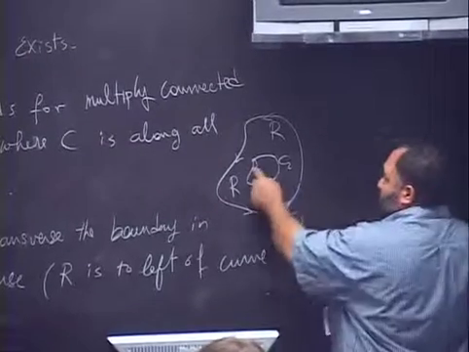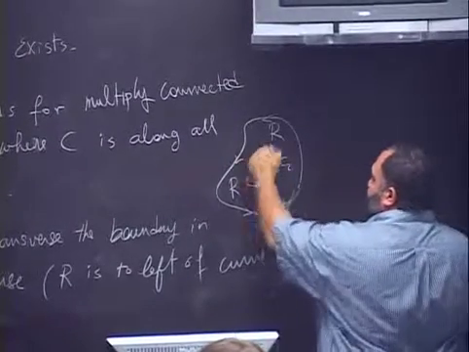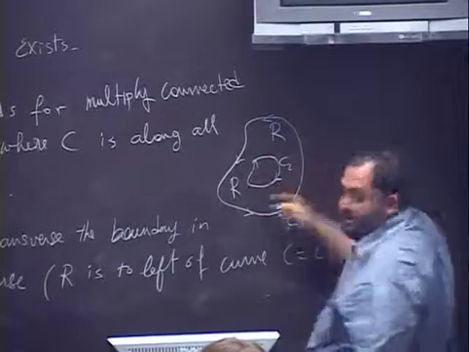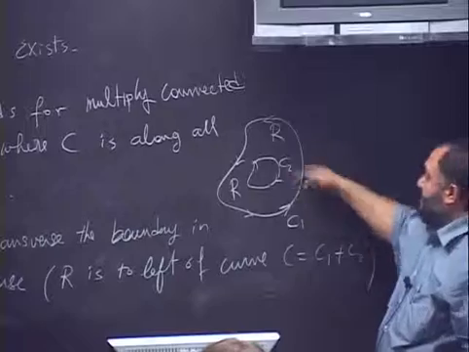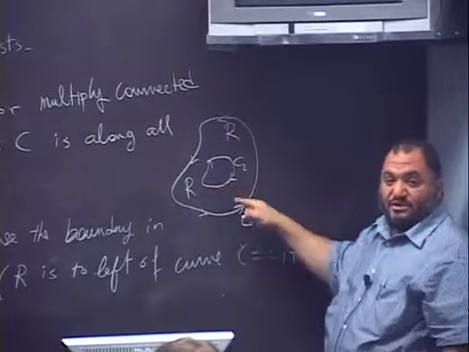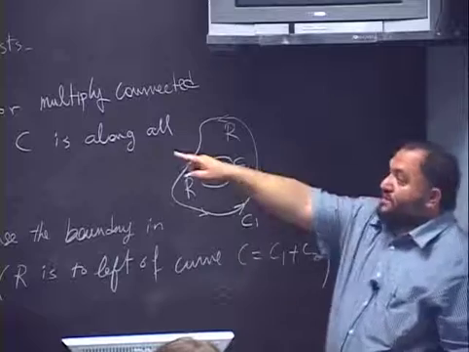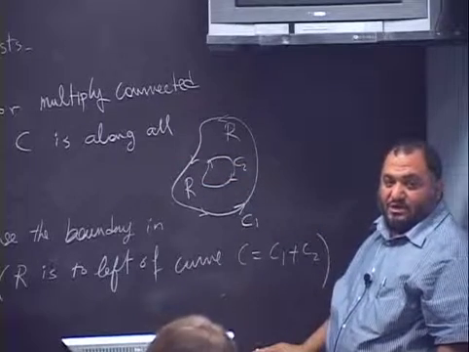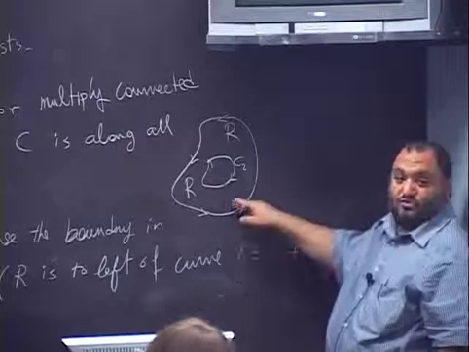So when you go here, region R is to my left, so I have to go in the opposite direction inside. Outside I go in this direction, inside I go in this direction. So this is the positive sense. When you do this Green transformation and integrate over the contour, you have to do this.